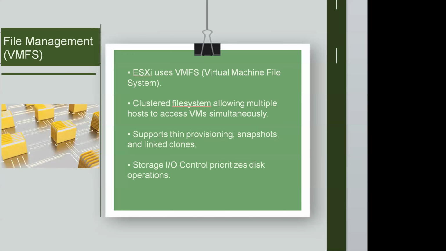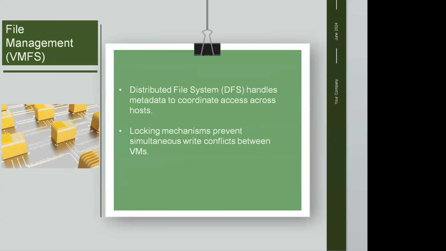So continuing with the file management systems, some environments use DFS, which is called distributed file system. This is used to manage metadata across multiple hosts. Locking mechanisms also exist to prevent two hosts from writing to the same file at the same time. So that's a very good feature right here.